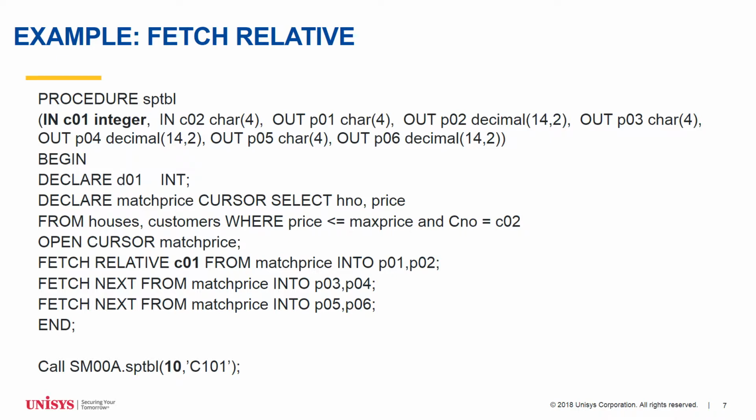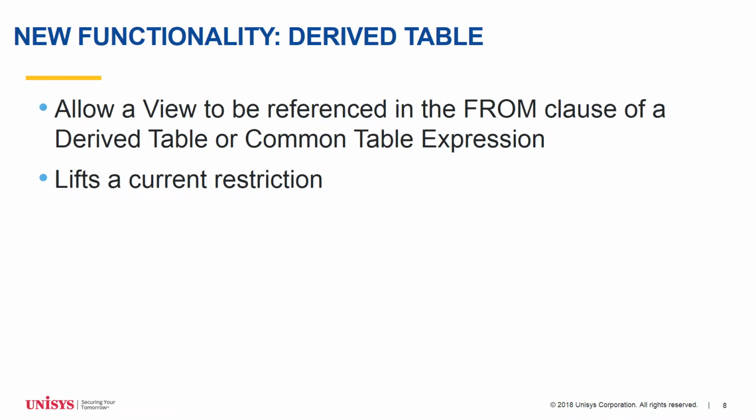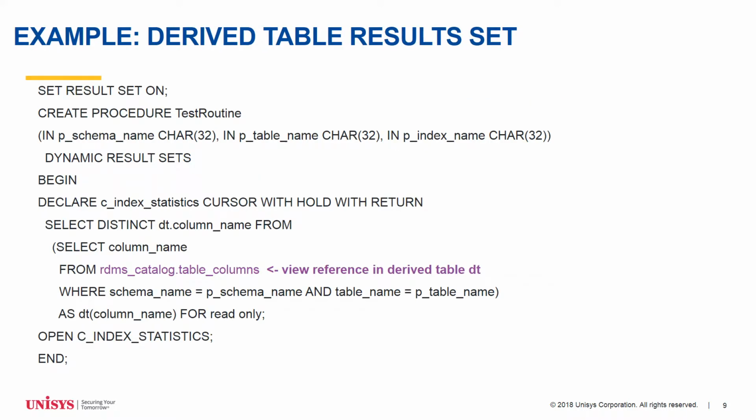The next feature allows a view to be referenced in the from clause of a derived table or common table expression. This feature lifts a current restriction in the derived table common table expression functionality. In this example, the derived table DT is retrieving from the RDMS catalog view table columns.